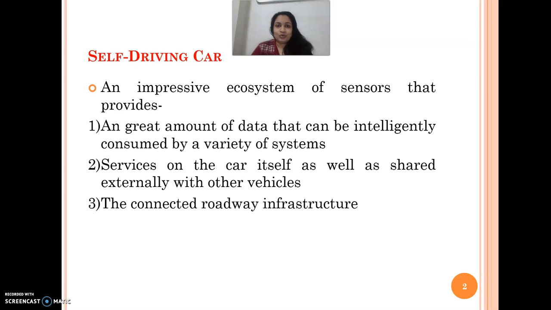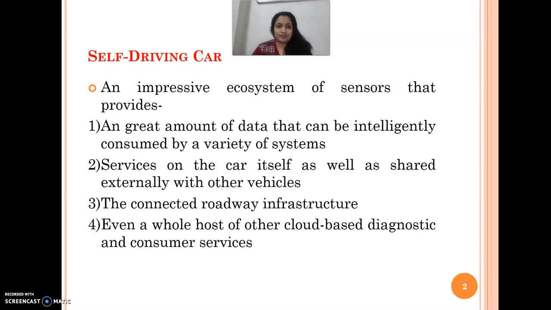The connected roadway infrastructure: I can connect my internal gateway system of sensors with the roadway infrastructure also. It is also useful for saving the data on the cloud for diagnosis, as well as giving me different types of consumer services.